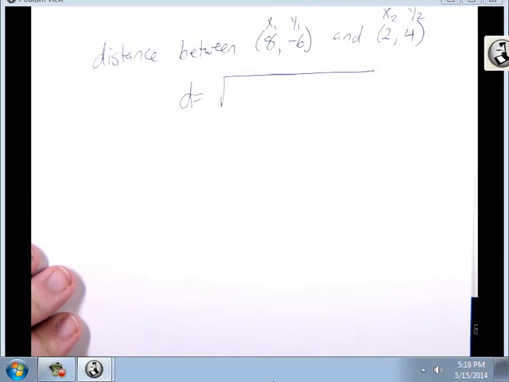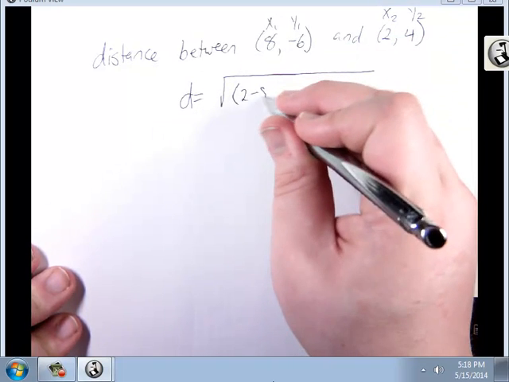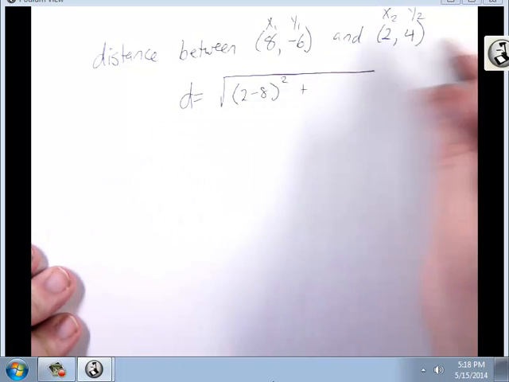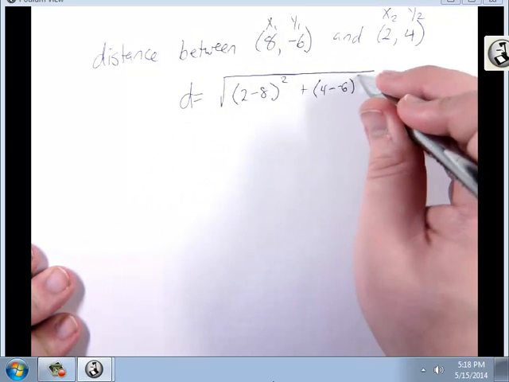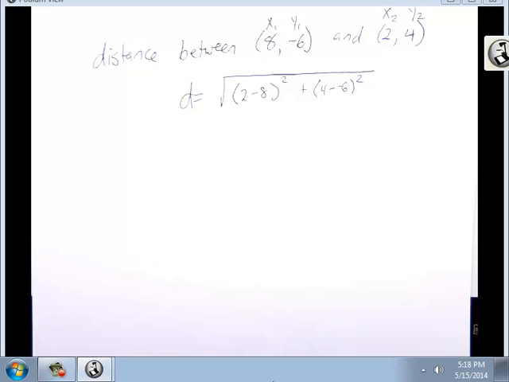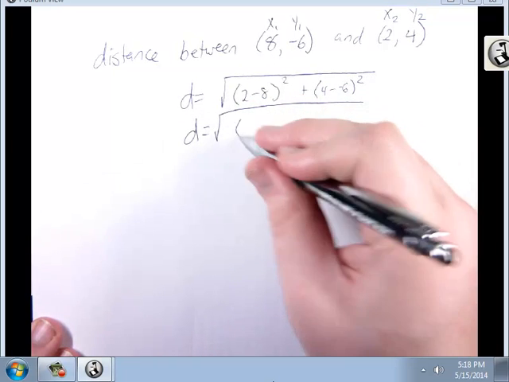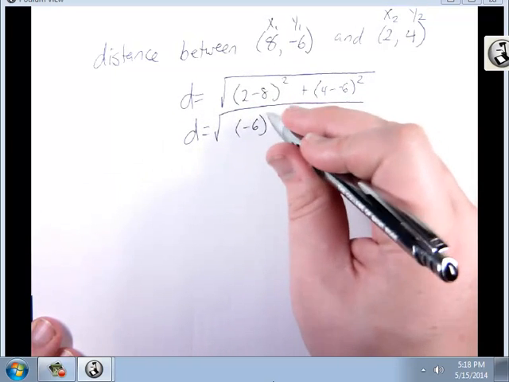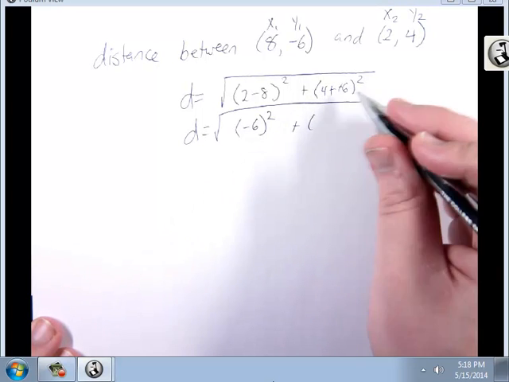Two minus 8 squared plus 4 minus negative 6 squared. Two minus 8 is negative 6 squared, plus 4 minus negative 6 is just like adding a positive, so that gives me 10 squared.